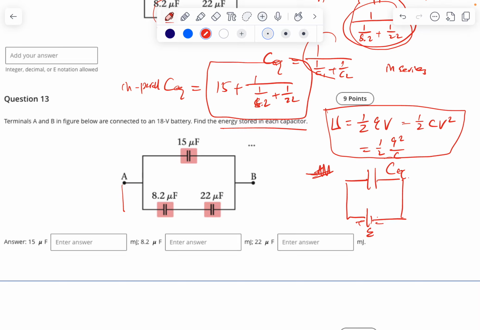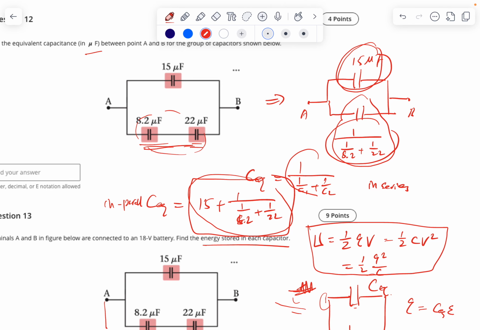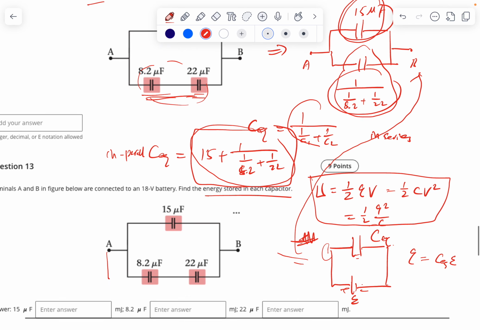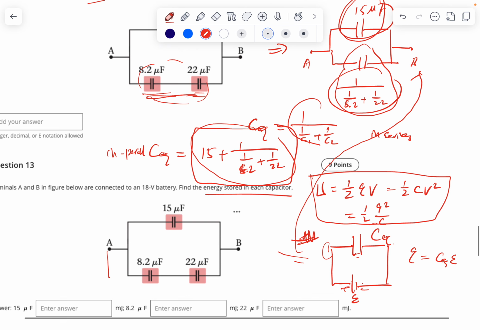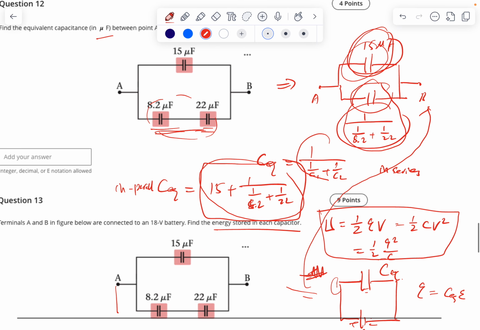Then you go back to this circuit. Once you get this one, you go back to this circuit, and you know the voltage on this one and on this one. Once you know the voltage, you can figure out the amount of charge. The charge equals the equivalent capacitance times the voltage, and the voltage is 18 volts.